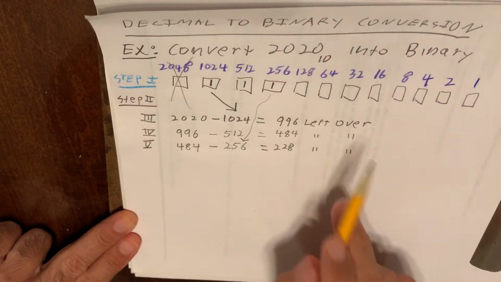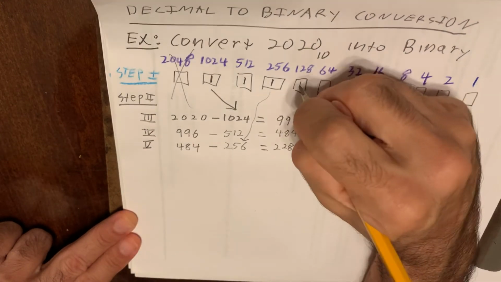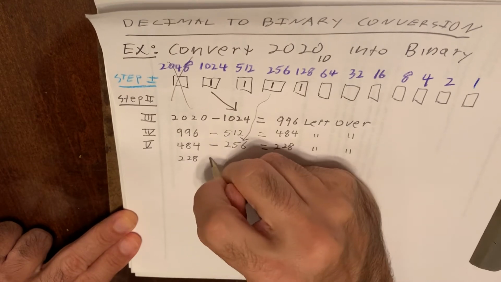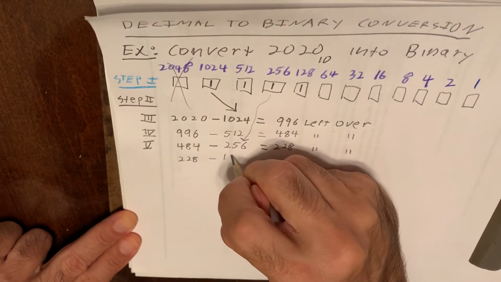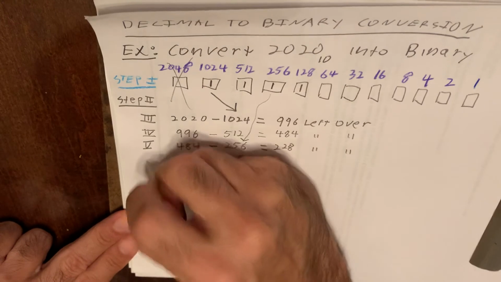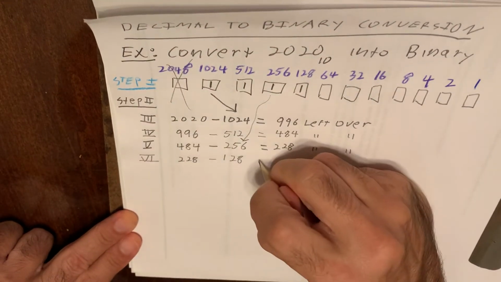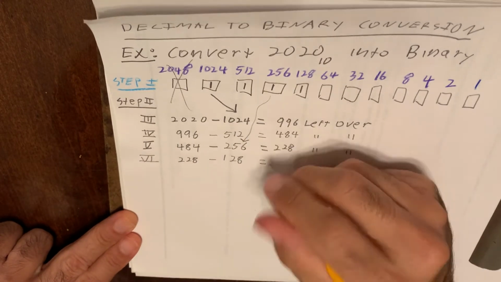So now we're going to get the next largest place, which is 128. So we'll take our 228 minus 128, and this is really step 6 if you want to give it a step number, right? And we see we have 100 left over.